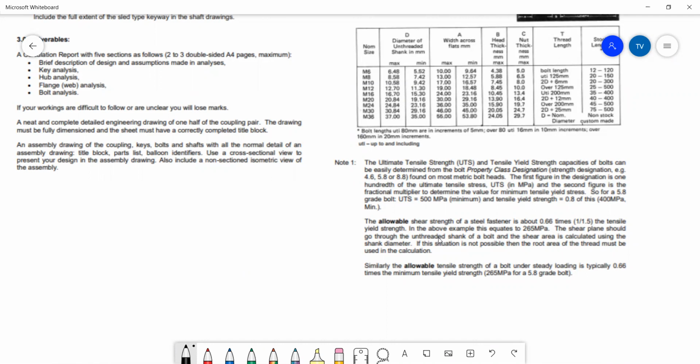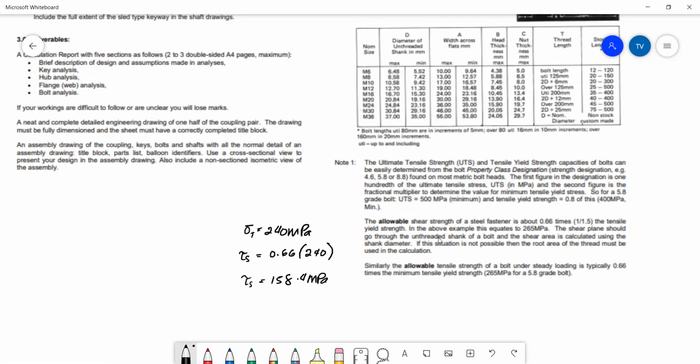Our tensile yield strength is 240 megapascals. So our shear strength is 0.66 times 240, which is 158.4 megapascals.